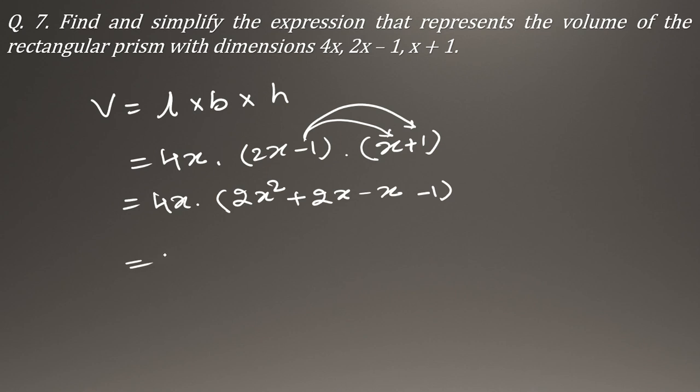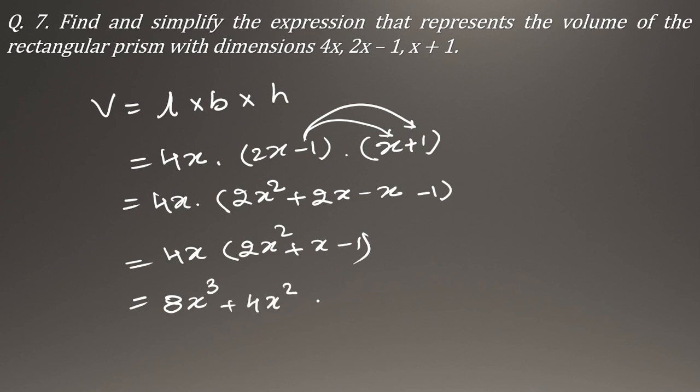So it is 4x times 2x square plus 2x minus x, which is plus x, minus 1. So what will it be? It will become, multiply this 4x inside, so it will become 8x to the power 3 plus 4x square minus 4x cubic units.